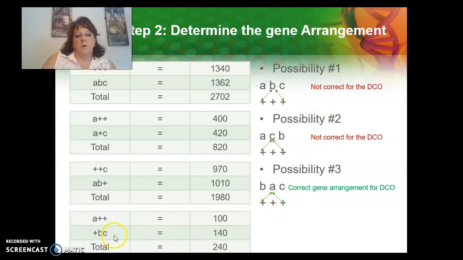We're looking for the A to be located in the center position for our double crossover, so possibility 1 would not be correct. Possibility 2, because C is in the middle, would not be correct. So our possibility 3 with A in the center would be our correct arrangement.